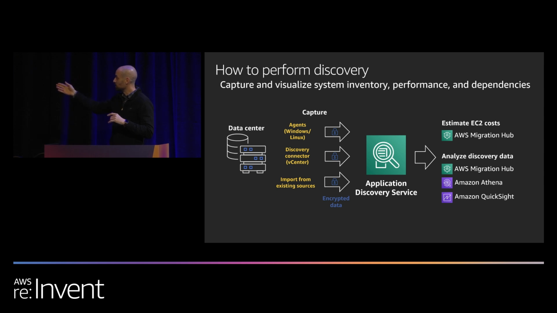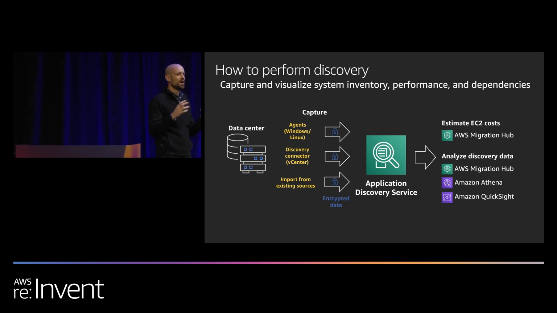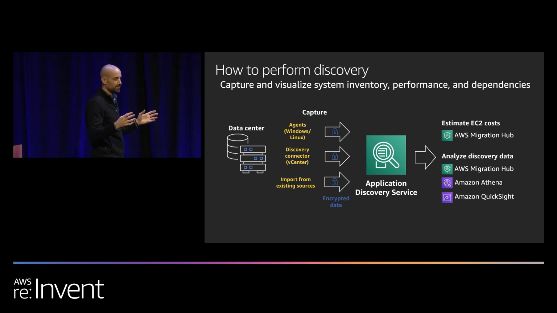The other thing that's kind of cool here, and I'll show this as well, is we have integration with Athena and QuickSight. So remember I was saying some of the partner tools, whether it be Cloudscape or RISC Networks, have the ability to showcase all of this in one holistic UI. We leave it up to you to build these things. But what we do is pre-populate the Athena database based off the information that we discover.